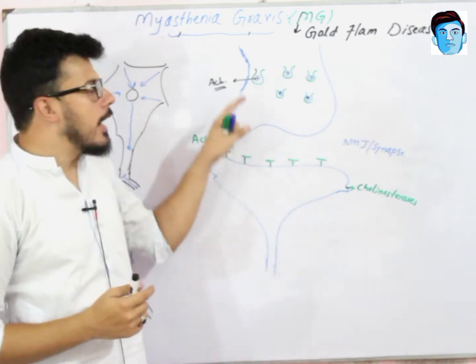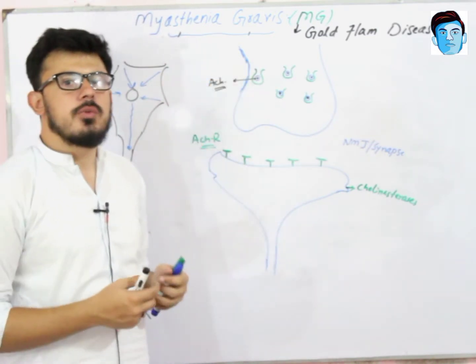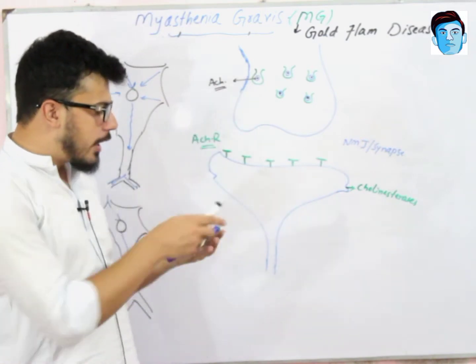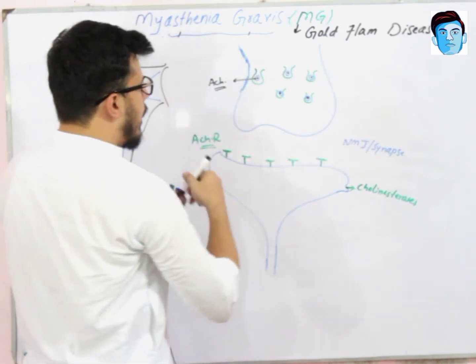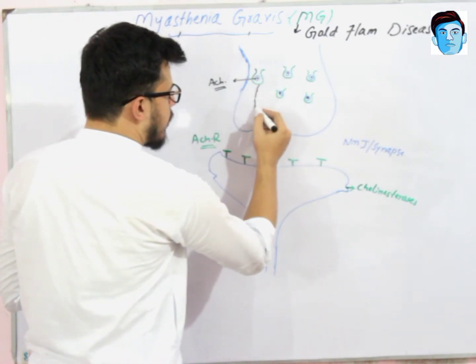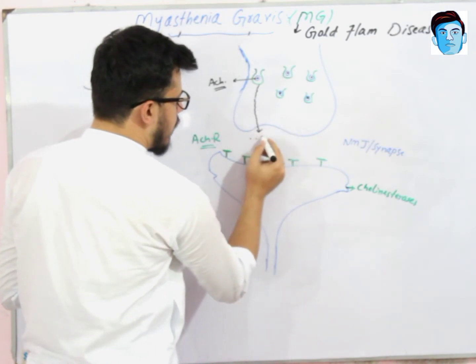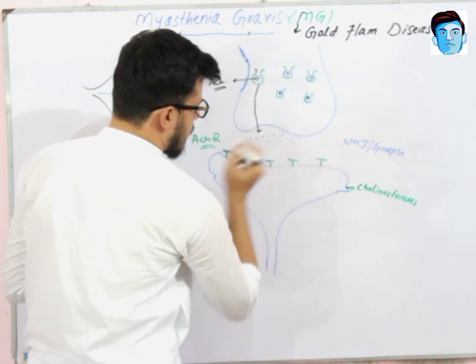Once the impulse, or action potential, comes there, the acetylcholine jumps from the presynaptic neuron to the neuromuscular junction, or synapse.